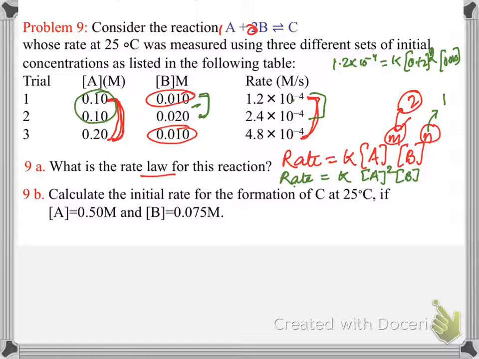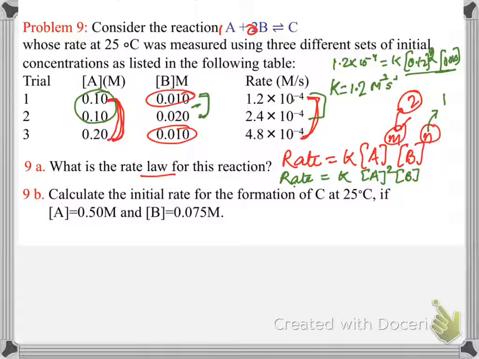So by dividing both sides with this value, I can find the value of K, and that value of K for this reaction should come out 1.2, and this will be the unit.